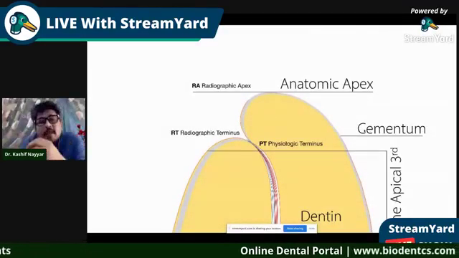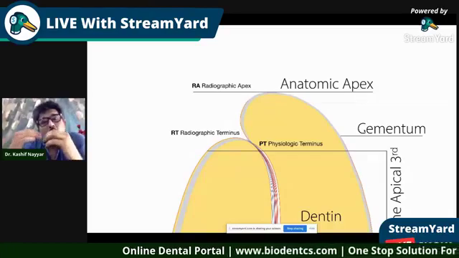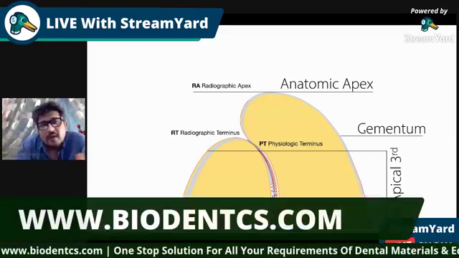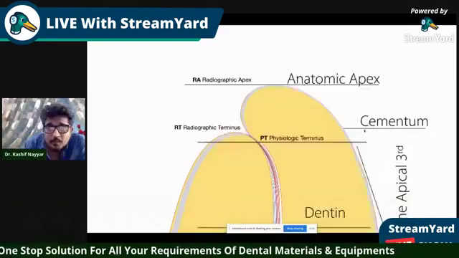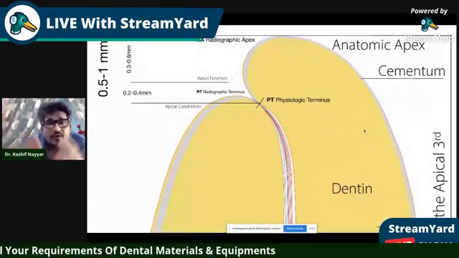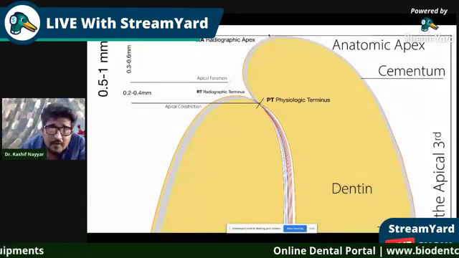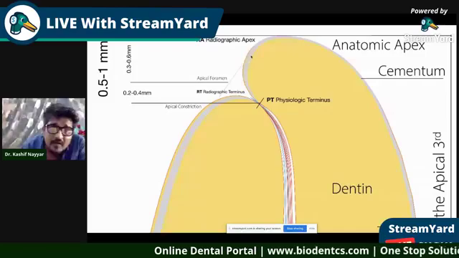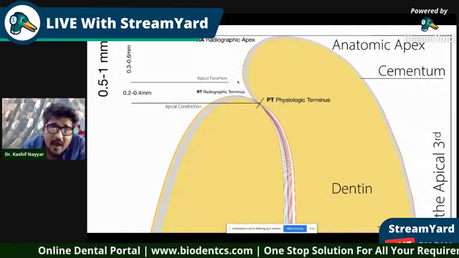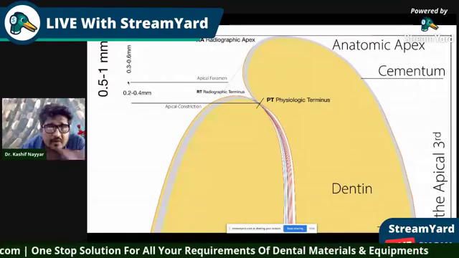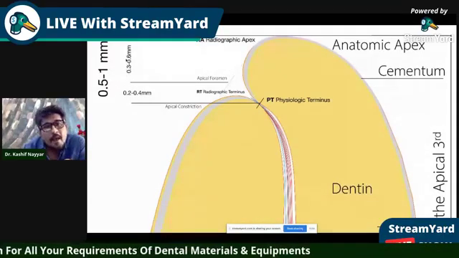So let's see where our obturation ideally must end. This is a classic illustration in which we can see the anatomic or the radiographic apex here. And there is a significant distance between the radiographic apex and the actual apical foramen, which can be between 0.3 to 6 millimeters.